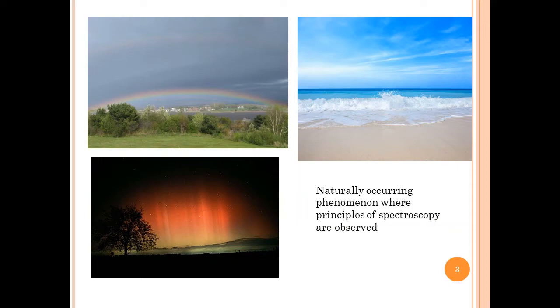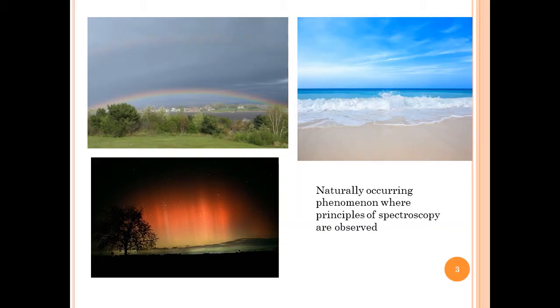The formation of a rainbow is the best example of the spectrum and the phenomenon of spectroscopy. When light from the sun falls on a water droplet of rain, it splits into 7 colors. My intention here is the white light forms a series of colors, which is what we call a spectrum.